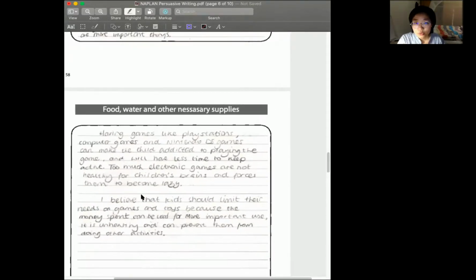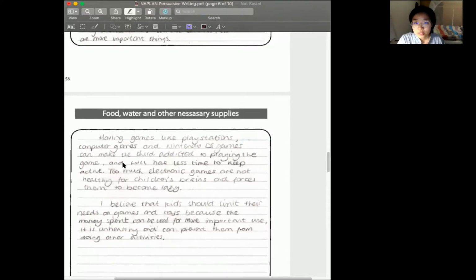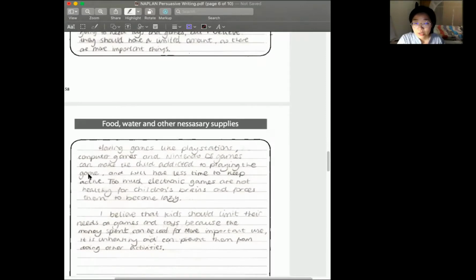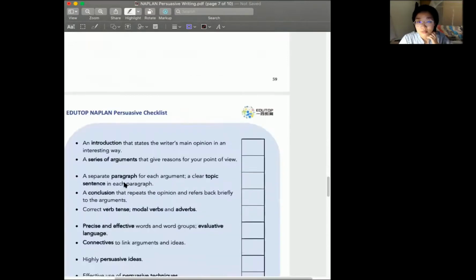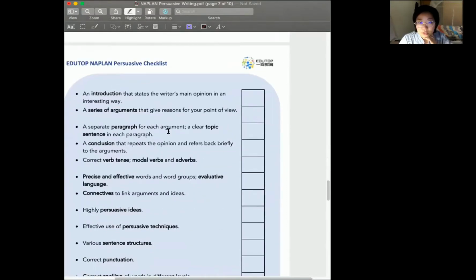And then we come to this paragraph. It said these games make children addicted to playing the games and have less time to keep active. So too many games will be a problem for children keeping active. That's another opinion, isn't it? So that will be a tick for this one.